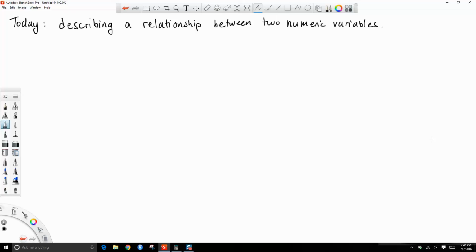Okay, so what does it mean to describe a relationship between two numeric variables? Well, imagine you've collected data on a sample. Imagine we have a sample and we're collecting data.